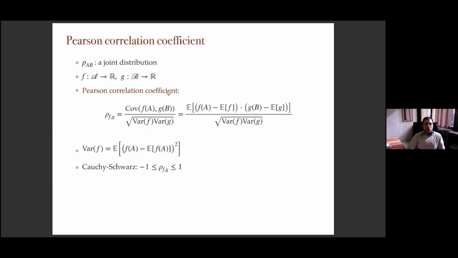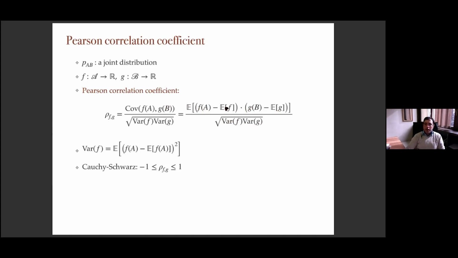And then the Pearson correlation coefficient between f and g, these real functions, would be the normalized covariance between f and g, which is defined in this form. The square root of this product of variances is the normalization. And here I have the covariance.